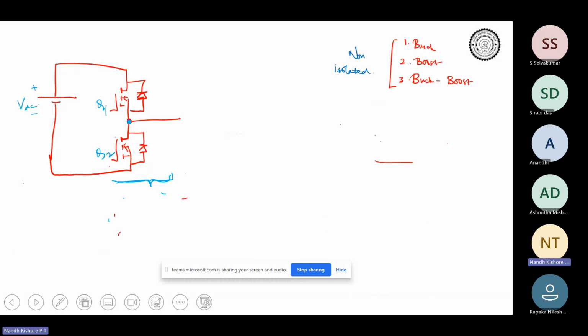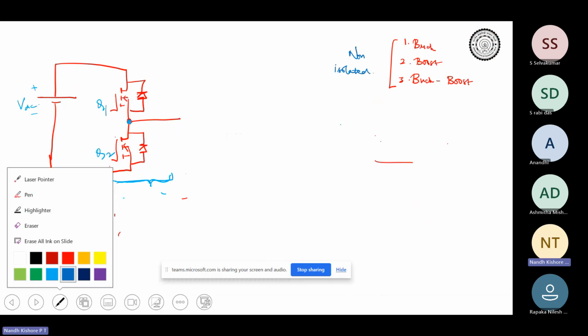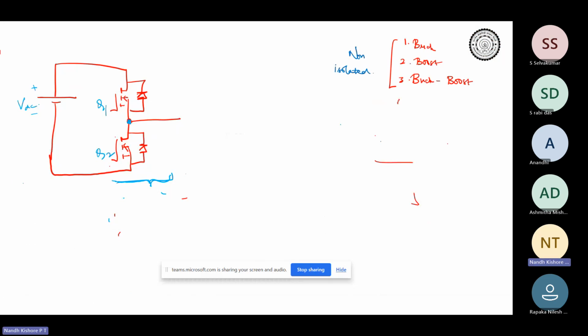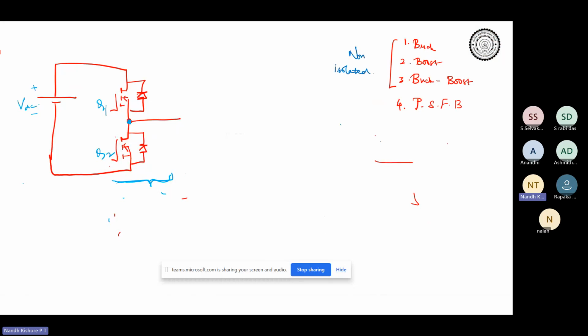And in isolated converters as well, you have converters such as the phase shifted full bridge. If you don't know what PSFB is, no worries, you might study that in higher level or master's level courses.